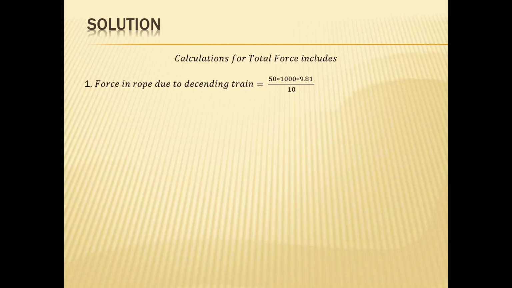So the mass of the descending mine cars is given to us as 50 tons. We convert that into kgs: 50 into 1000, multiplied by acceleration due to gravity, multiplied by the gradient factor of 1 in 10. So we get a numerical value of 49050 newtons.